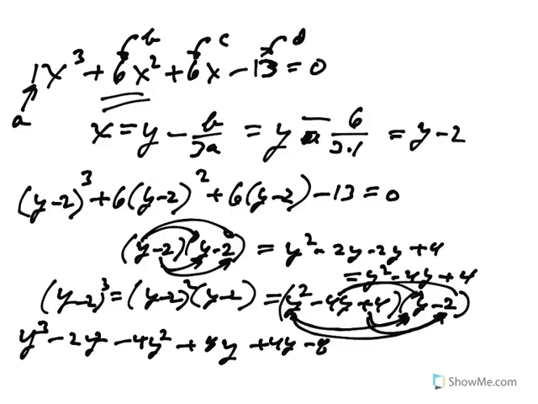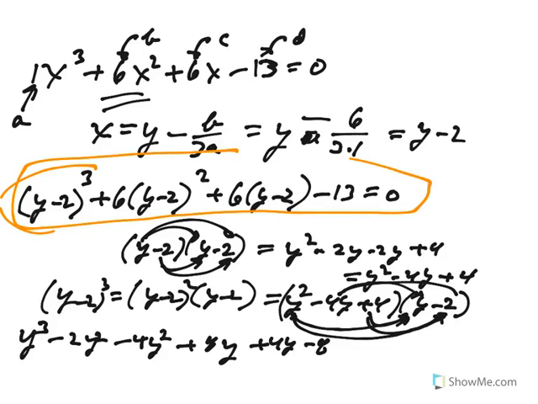So if you take this expression and you replace y minus 2 cubed with this expression, which actually simplifies to y cubed minus 6y squared plus 12y minus 8.